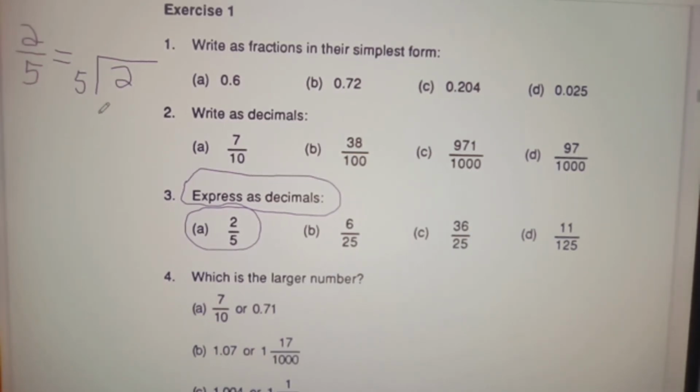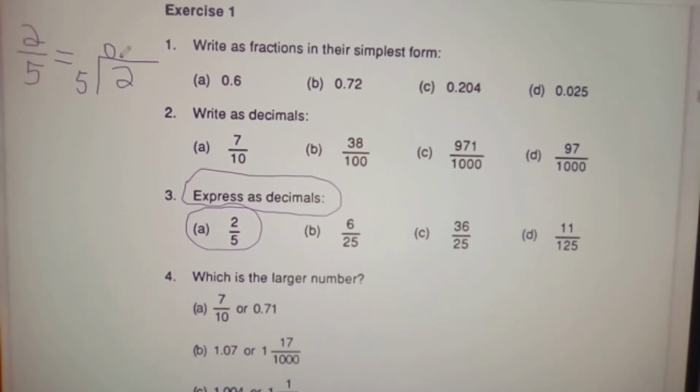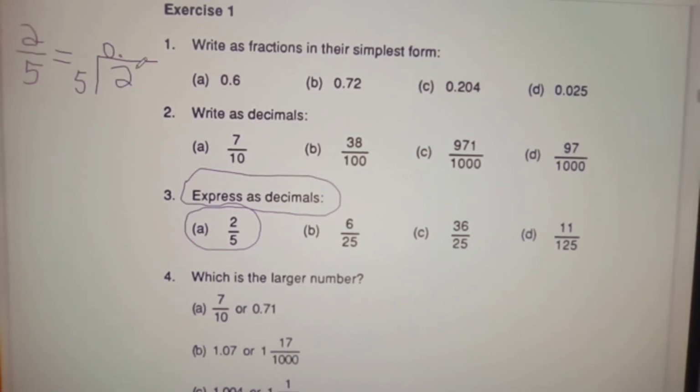Now 5 into 2, you can't. 0 goes there. Decimal point. And because I put in a decimal point, I add a 0 here. Okay? Small 0. Okay? 5 into 20 goes what? 4 times.